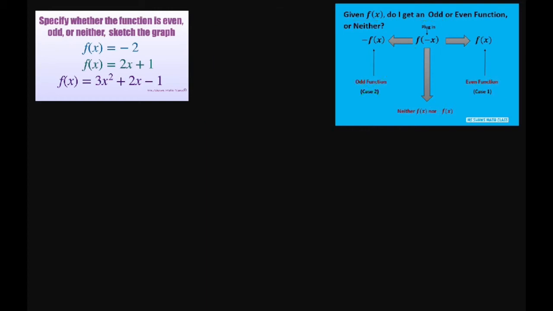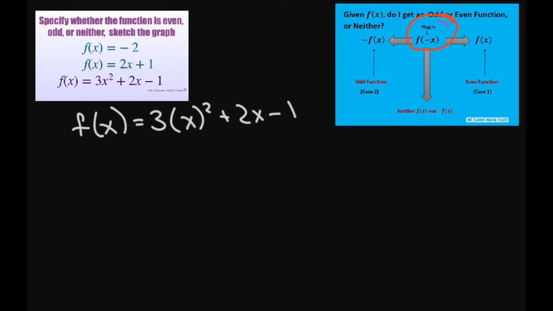Now let's do the last one. We're going to do it algebraically first. So that one's going to be f of x equals 3 times x squared plus 2x minus 1. Now let's do the test. Our test is to plug in f of -x.